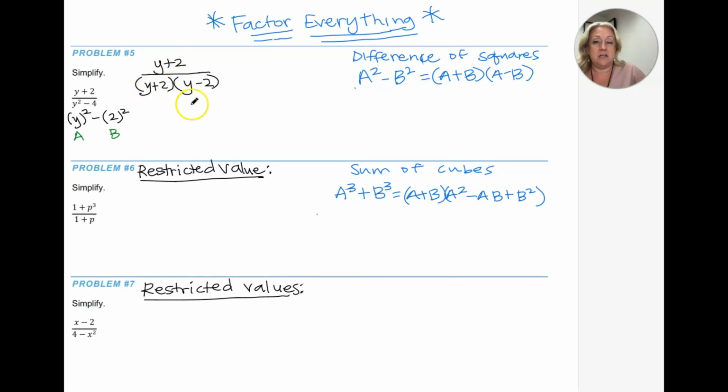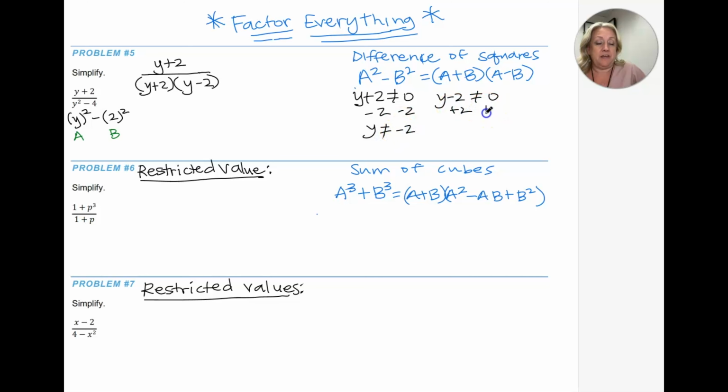All right, now we want to look at our restricted values. So we can see our denominator is factored, so now we want to take each of those factors, and we want to say y plus 2 cannot equal 0, and the other factor, y minus 2, cannot equal 0. And when I solve this, I find y cannot be negative 2.